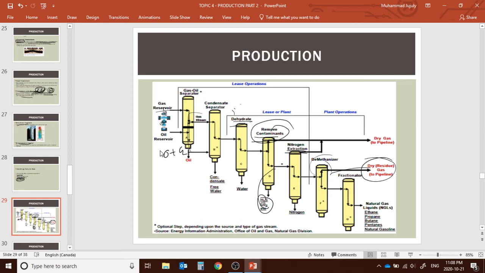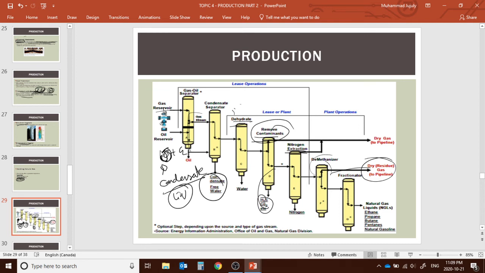Gas might have some oil inside, and that would be called condensate, or we can call it gas condensate. Condensates are the liquid portion present in the gas. So the first thing you got to do, separate the condensate and the water, removing all the liquid portions, and then you dehydrate it.